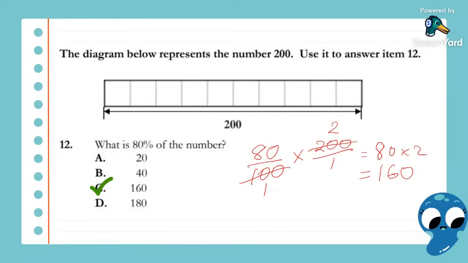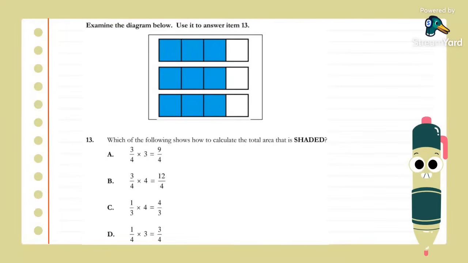Let's go to question 13. Examine the diagram below, and we're using it to find question or item 13, which says which of the following shows how you calculate the total area that is shaded. We're looking at the shaded area. And this question wants you to show me how you will set it out.